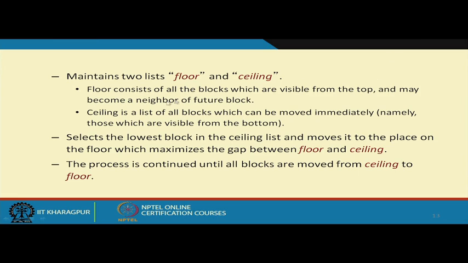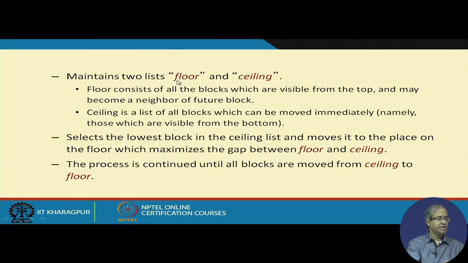From the top, some of the blocks will be hiding other blocks just below them, but some of the blocks you can see with no obstacles. That list will contain all those blocks which are visible. So, these are the blocks which can be moved immediately.